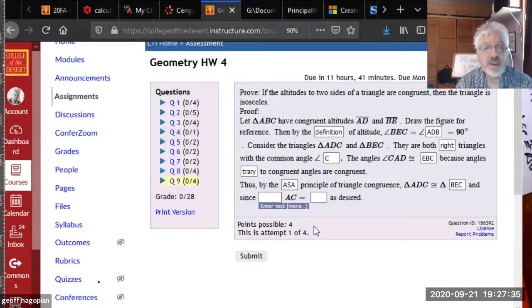And since corresponding parts of congruent triangles are congruent, AC is congruent to BC as desired.